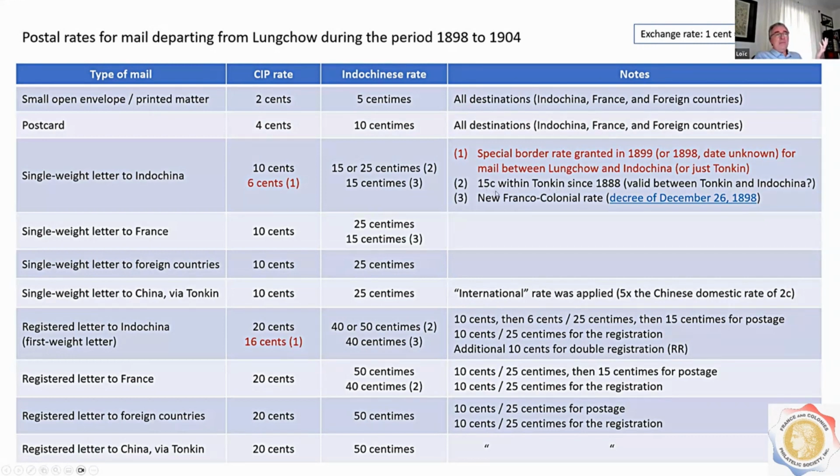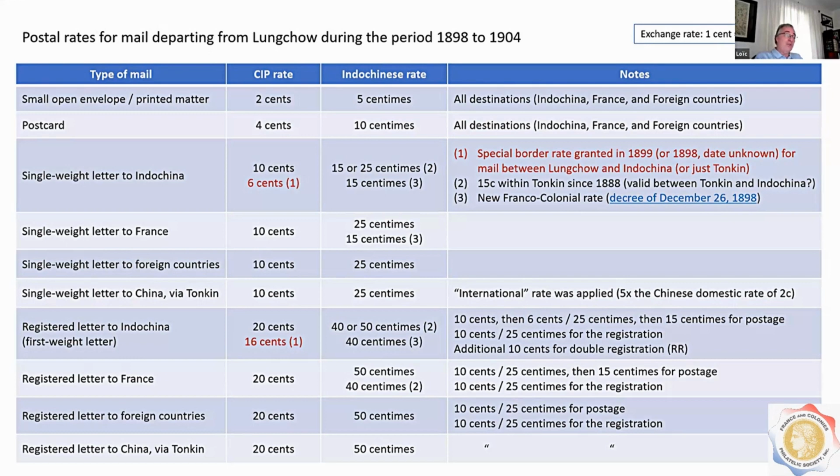So that might have been the normal rate there. There are a lot of different rates that apply depending on when the mail was sent and what the origin and the destination would have been, which makes for quite a complicated thing.